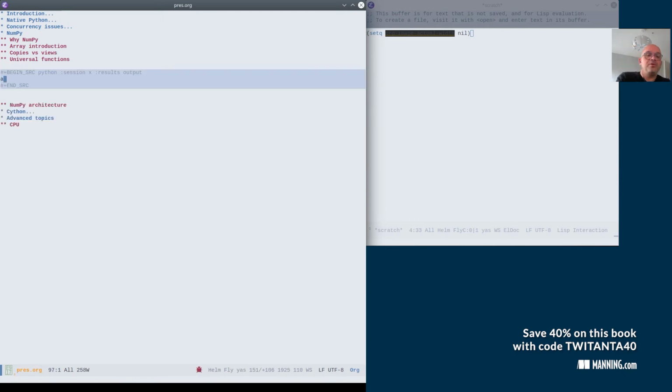Imagine if you have A equals array 1, 2, 3 and B equals array 4, 5, 6, and you print A plus B.